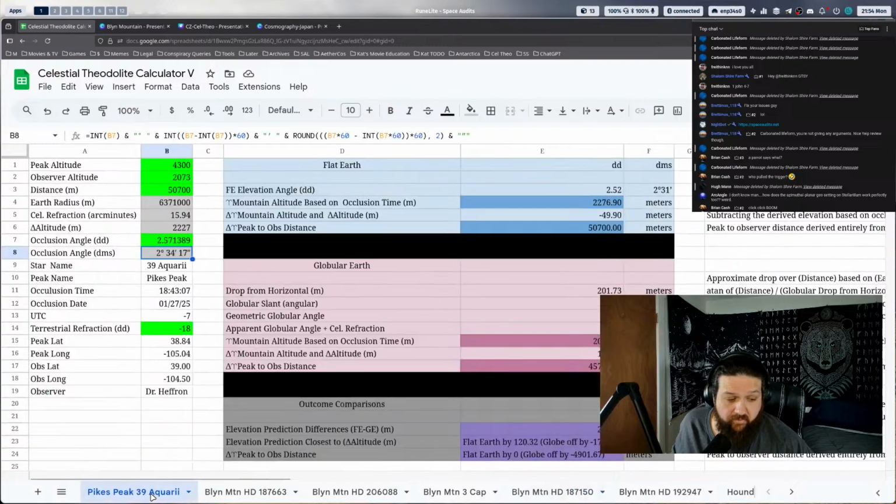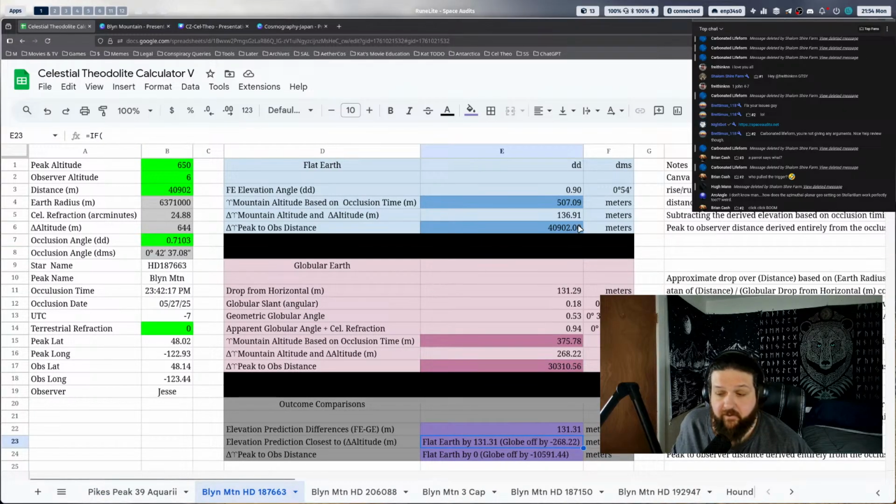So moving it to the observer house doesn't help you. In fact, the argument that Jesse was trying to put forward with Mount Blinn is completely nullified by this analysis. When we derive the predictions based off of the occlusion timing, it's flat Earth every time.